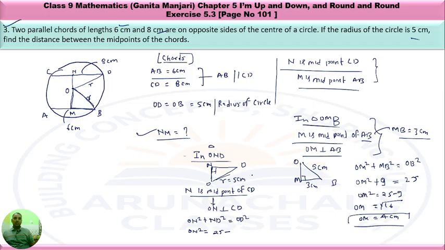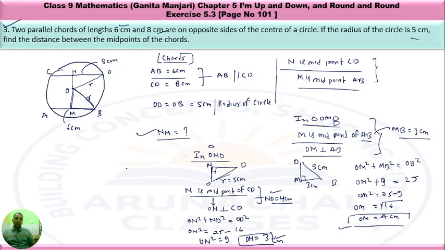So if CD is 8 centimeter, then as N is the midpoint, ND becomes 4 centimeter. So 4 square is 16. Finally I will get ON square is equal to 9, and finally ON is equal to root over 9, that is 3. So I have got the length ON 3 centimeter, OM 4 centimeter.